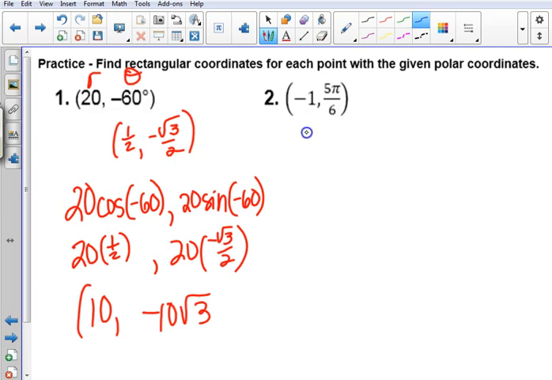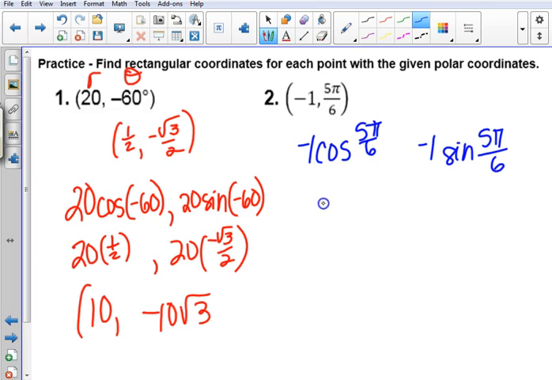Does it work when we do this? Let's think about this. Let's do it the way we want, and then let's see if it makes sense, okay? We want to say r cosine of theta, r sine of theta, right? We don't want to have to mess with the fact that this means back up. Well, let's see what happens.